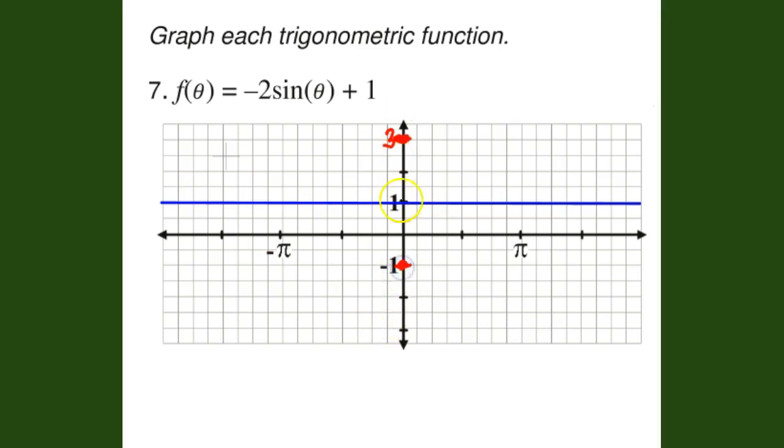So it's good to know those markers that we're going to be doing something like this. Right? And we don't have any compression horizontally, because this is just a 1 by default, but it is going to be flipped or inverted, right? So instead of starting on an upward trend, we're going to start downward. So for sine, we know that sine of 0 is 0, sine of pi is 0, and then sine of 2 pi is 0. This is 2 pi at the very end.